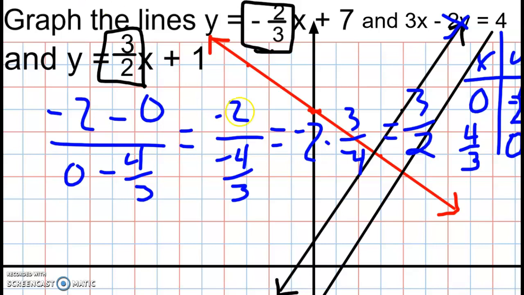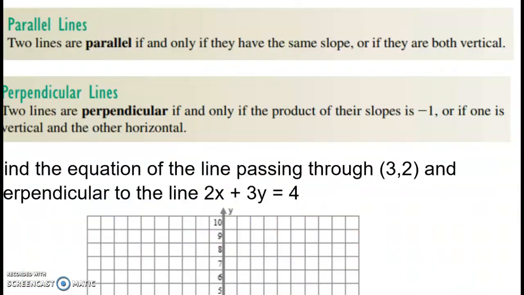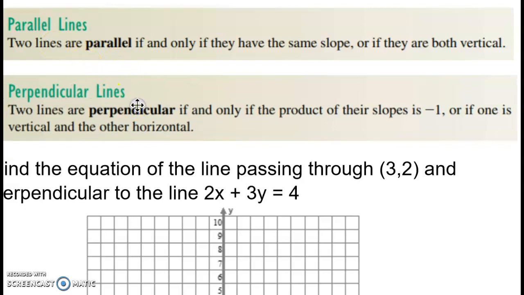Okay, if your slopes are opposite, in other words, one's negative and one's positive, and they're reciprocals, meaning the numerator and denominator are switched, then you have perpendicular lines. So these are the definitions then. Parallel lines, same slope. Perpendicular lines, if their product is -1.